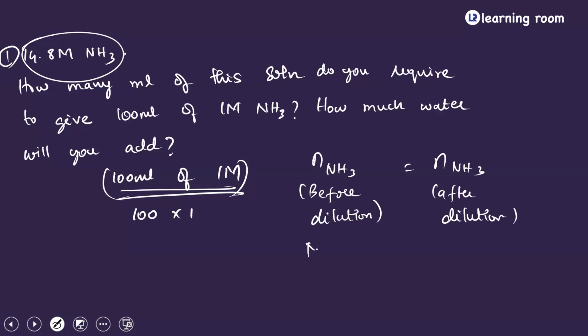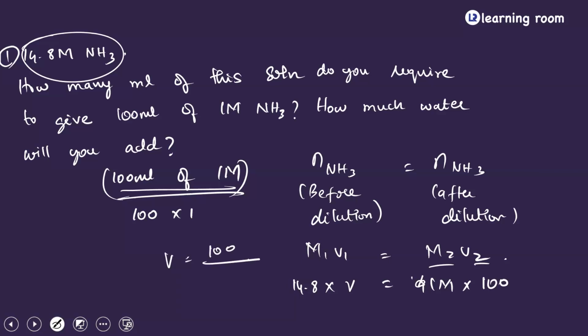So this is M1 into V1, this is M2 into V2. Number of moles is molarity into volume. First one is 14.8 into volume, which we don't know, that's what they are asking. Equal to 1 M into 100, so V is equal to 100 divided by 14.8.